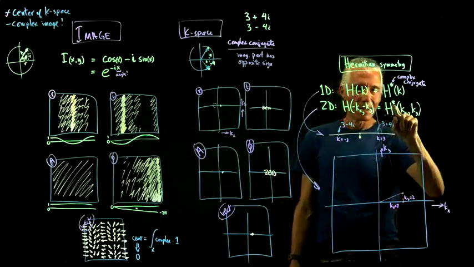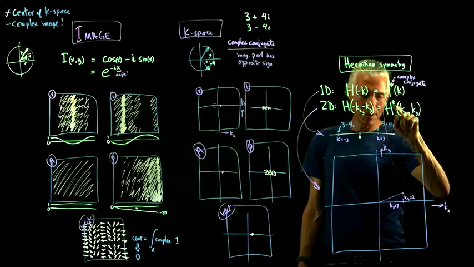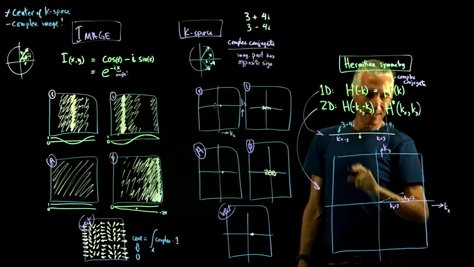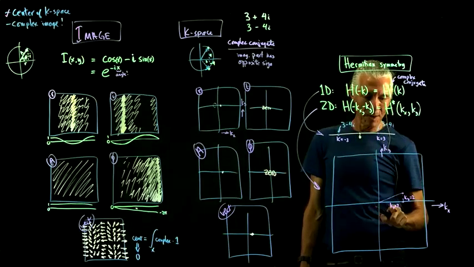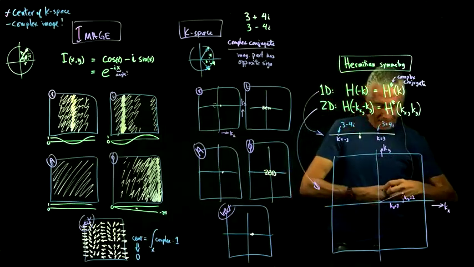if we take the complex conjugate of it, which is reversing the sign of the imaginary part, it should be the same as minus, kx equals minus 7, ky equals minus 2. But the problem is, just make sure that we distinguish what we're talking about.